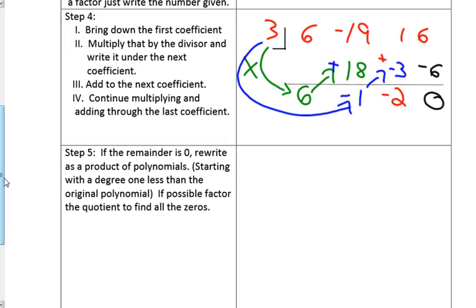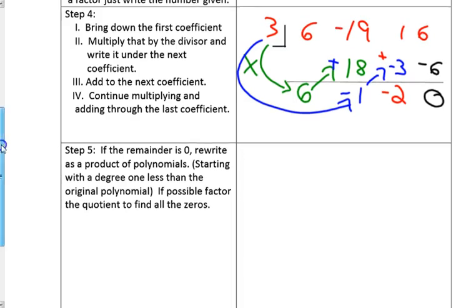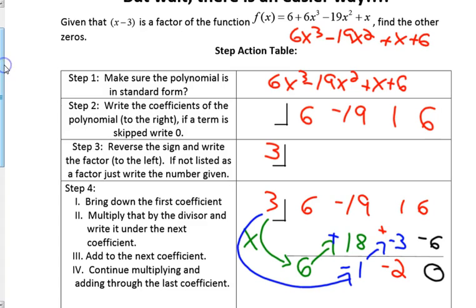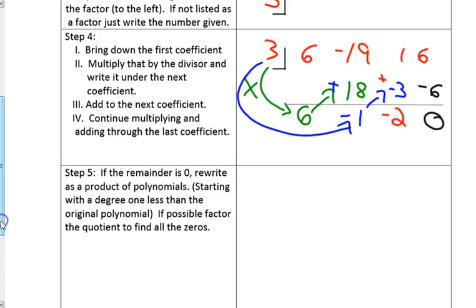All right. So remember that we started with what degree polynomial? 3, right? Okay. How do you get to negative 1?